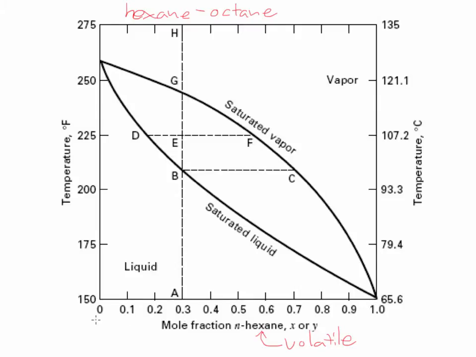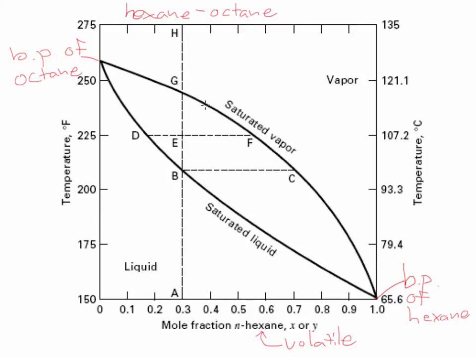All right, so we're running from a temperature of about 155 degrees Fahrenheit, which is the boiling point of hexane, the lighter species, to, at the top here, a temperature of about 258 degrees Fahrenheit, which is the boiling point of octane.